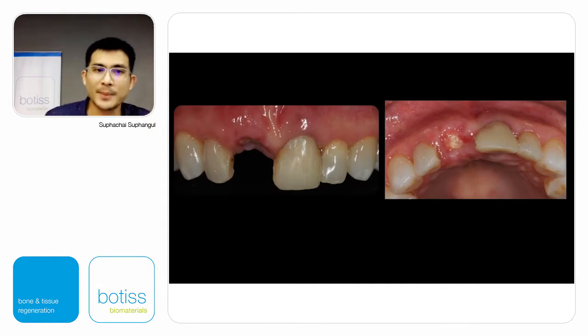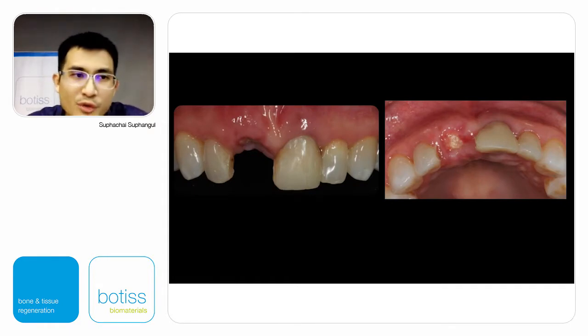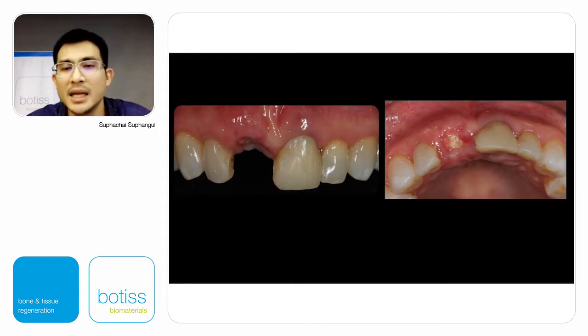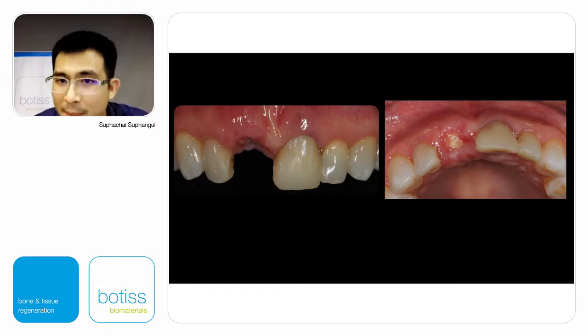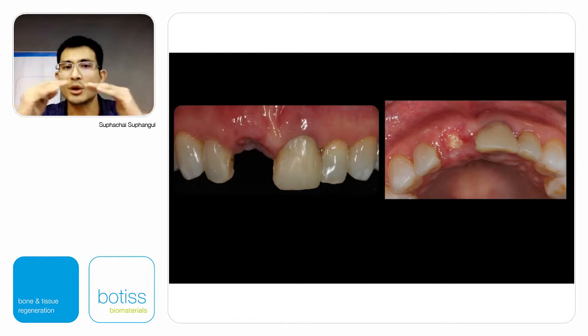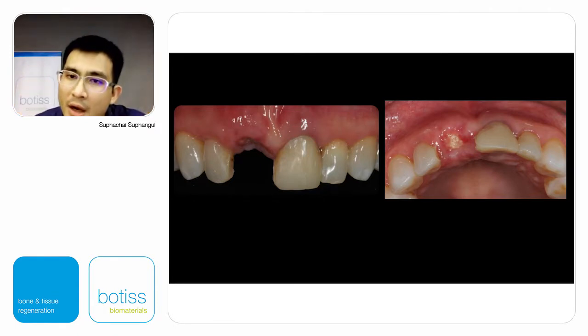After 2 weeks, the patient came back and we removed the provisional. You can see the collagen has resolved by 2 weeks, but the soft tissue has grown in and tries to cover this area. That is normal.